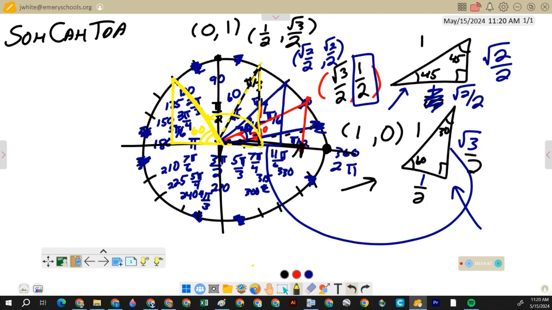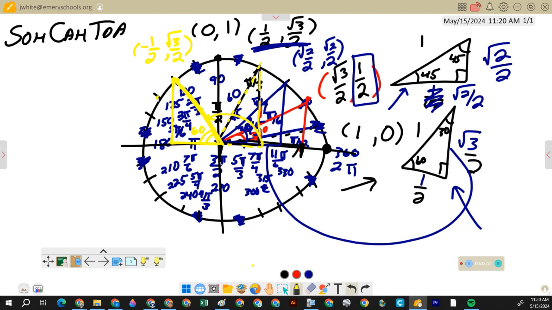Well, is the angle negative? No. But what about the coordinates? So what is the x value of that point in quadrant 2? Well, it's going to be the same as this, except the x will be negative. So negative 1/2, root 3 over 2.